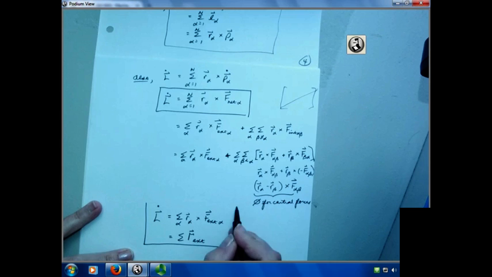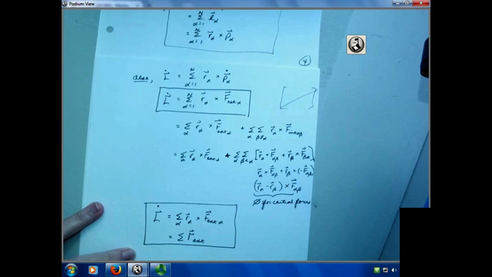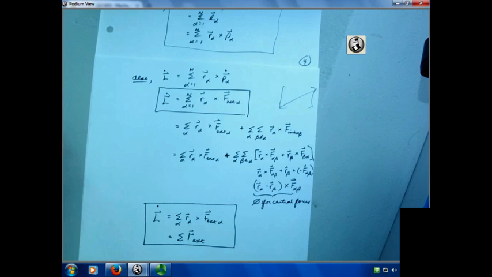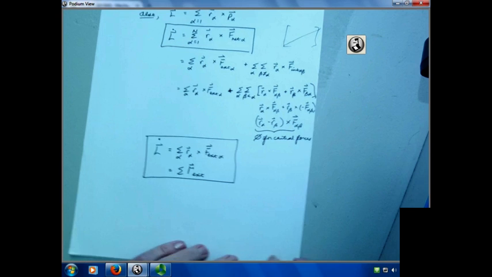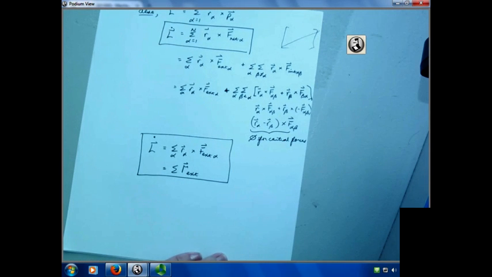All right, and these are the expressions that I wanted to get to because they show me that in the case that the net external torque on my system is 0, the total angular momentum of my system will be constant because the time rate of change of angular momentum will be 0. Let me write that out.